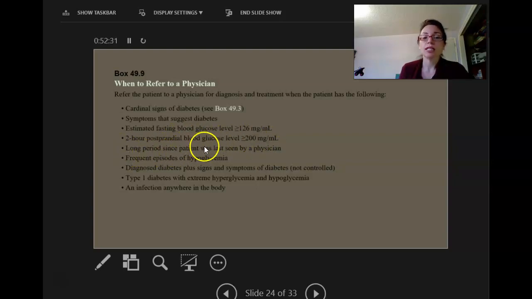And long periods since the patient was last seen by their physician. If they haven't seen a doctor at all in 5 to 10 years, you may just want to screen them anyways, and of course refer them to a physician. Diagnosed diabetes plus signs and symptoms of diabetes. Type 1 diabetes with extreme hyperglycemia and hypoglycemia and an infection anywhere in the body. Those are always times when you would refer them to a physician.